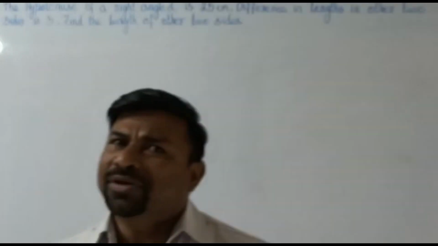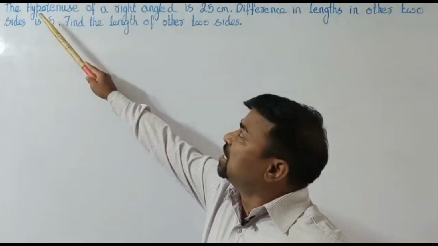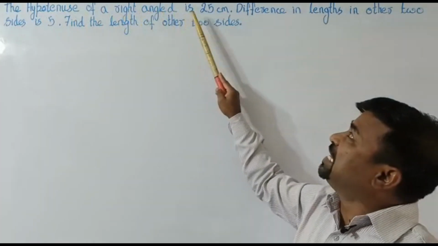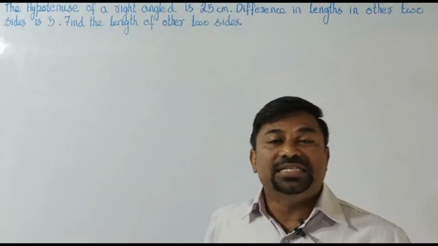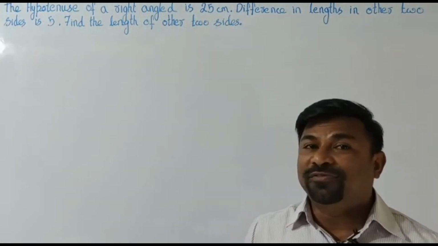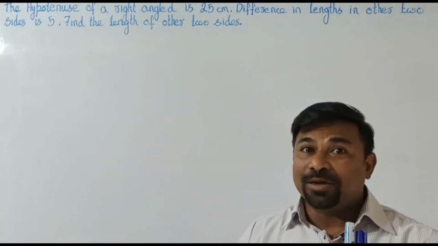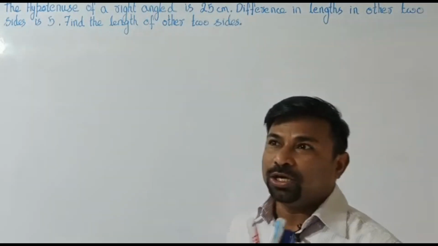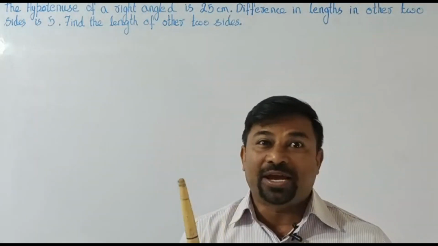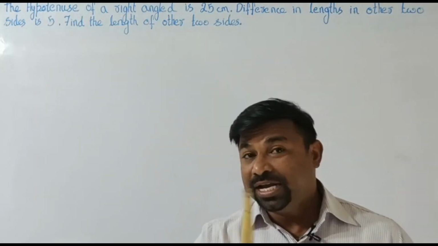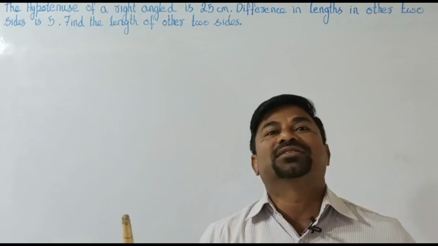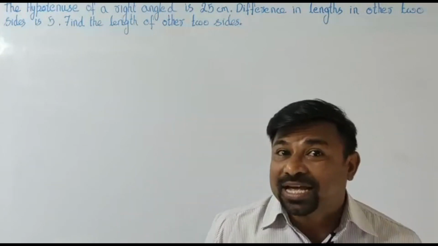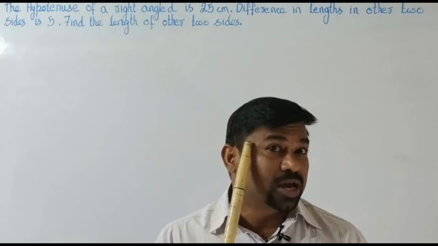We have a question here. It says the hypotenuse of a right triangle is 25 centimeters. He is taking a geometrical figure and says the hypotenuse measurement is 25 centimeters. Obviously a triangle has three sides, and one of the sides he has given to us. We have two more sides, so we have to keep that in mind.